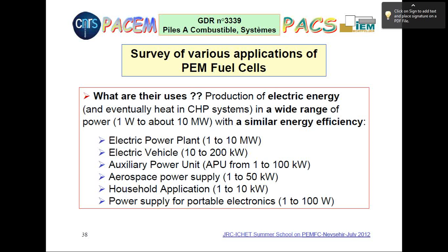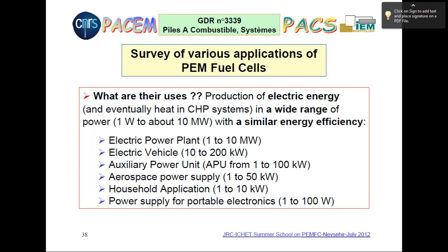About examples. One point which is important for fuel cells is they can work in a very wide range of power. From 1 watt, you can go from 1 microwatt to 10 megawatt or gigawatt, with more or less a similar energy efficiency.